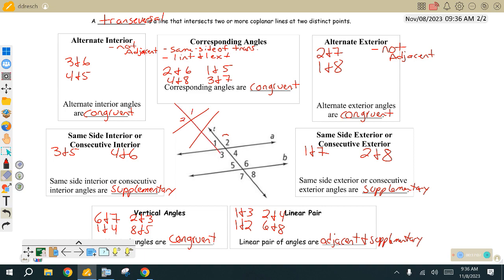We still get the same 8 angles. The only difference is these congruents and supplementaries are not happening. We can still say we have alternate interiors and same side interiors. It's just that we can't say that they're going to be supplementary or congruent.